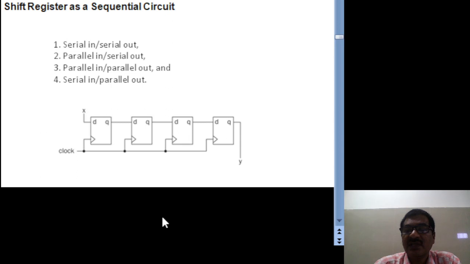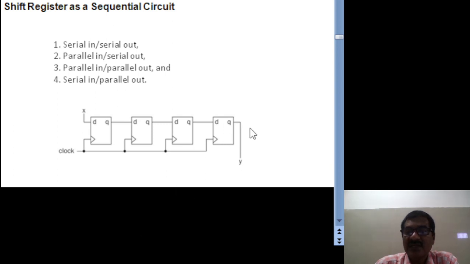With reference to the above diagram, output Y equals Q0 of N, the present state of Q0. Q0 is the output of the last flip-flop. This is Q0, Q1, Q2, Q3, like that, for N flip-flops, or N minus 1, whichever we assume this register consists of. Therefore, Y equals Q0 of N.